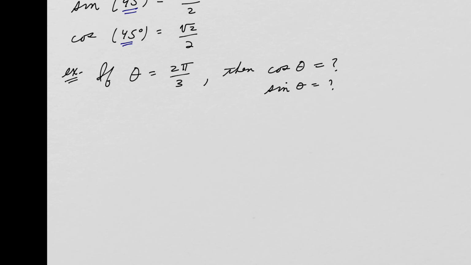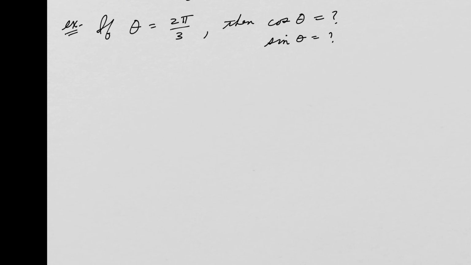Okay, so let's figure out what quadrant we're in first of all. Well, 2/3 pi. So pi, right, 1 pi is 180 degrees. 2/3 pi is going to be in the second quadrant, like this.